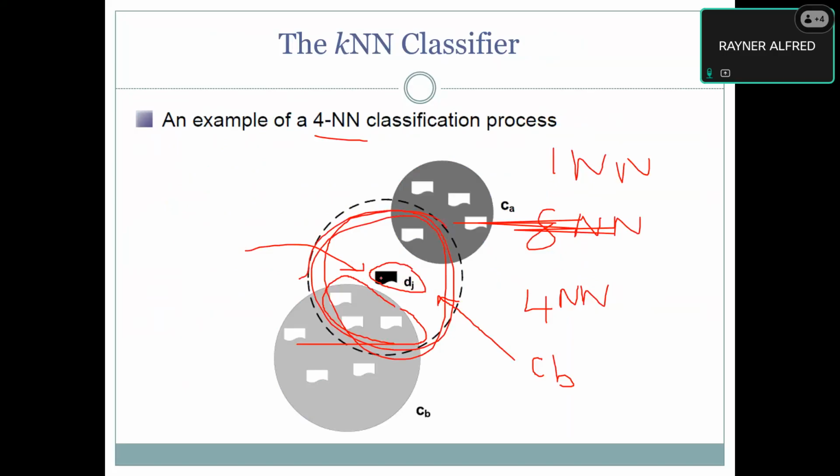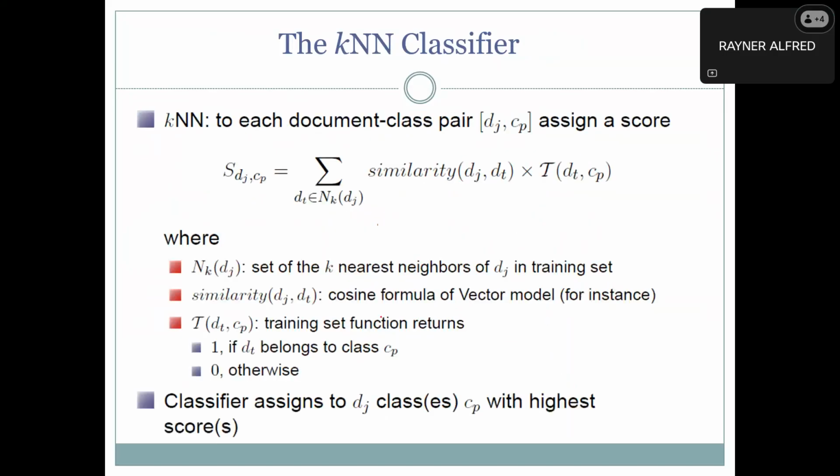So how do I pick the four nearest neighbors? By computing the distance. This is very easy because we just use the cosine function to determine the distance.